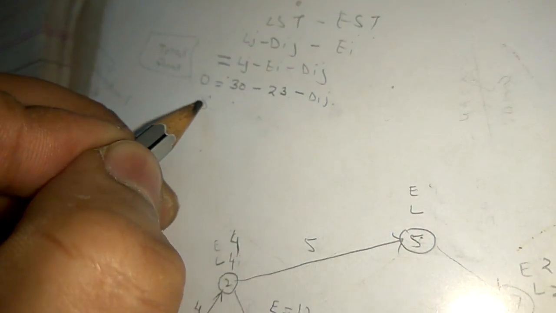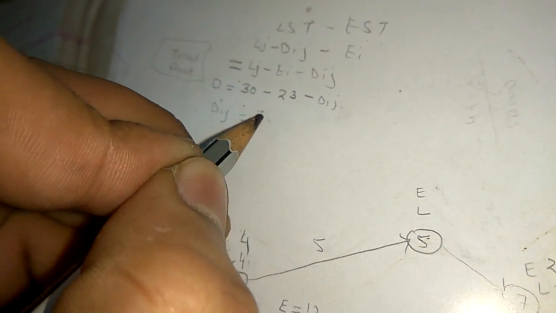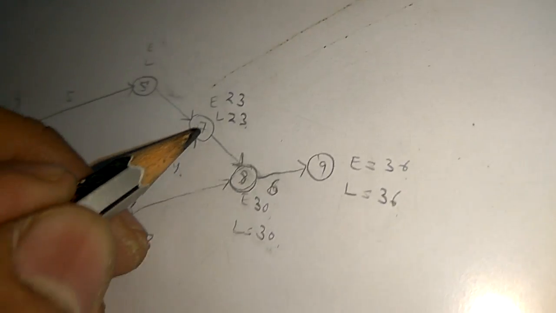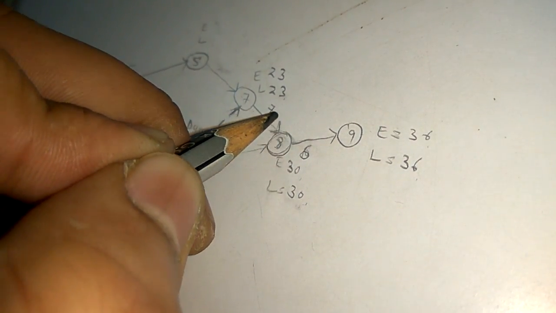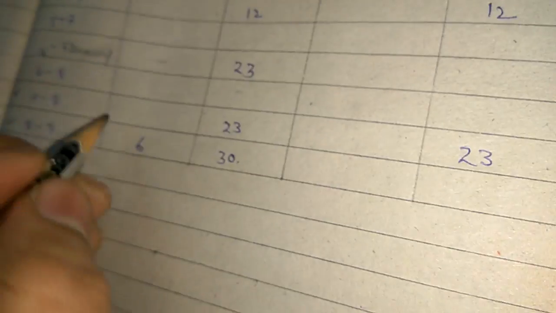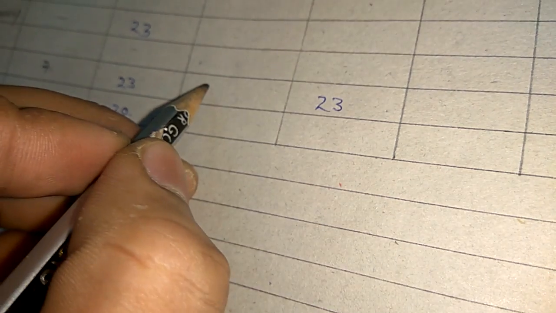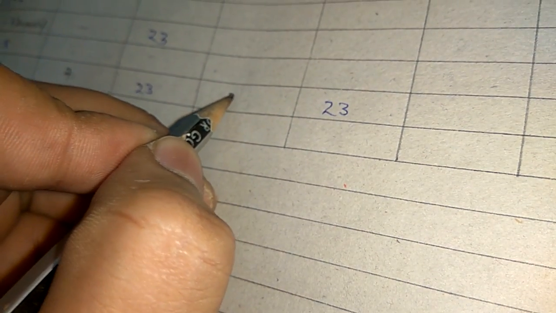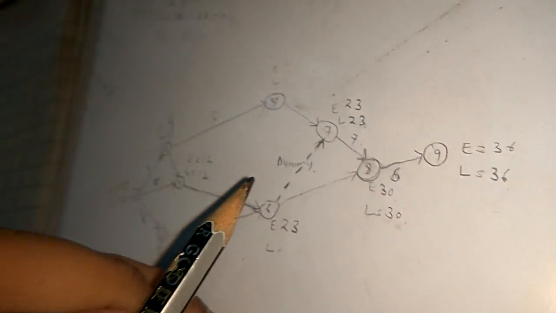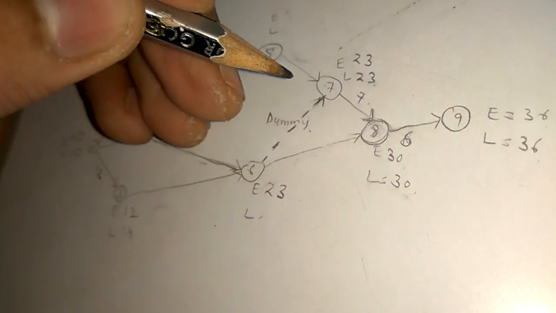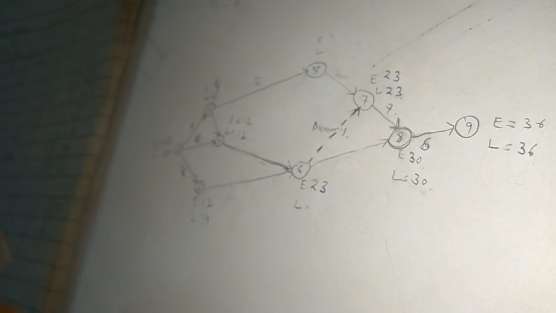So what will be the value of Dij? Dij will be 7. So between 7 to 8, duration will be 7. If duration is 7 and Ei is 23, Ei plus Dij is 23 plus 7, that is 30. Okay, there is one dummy arrow.